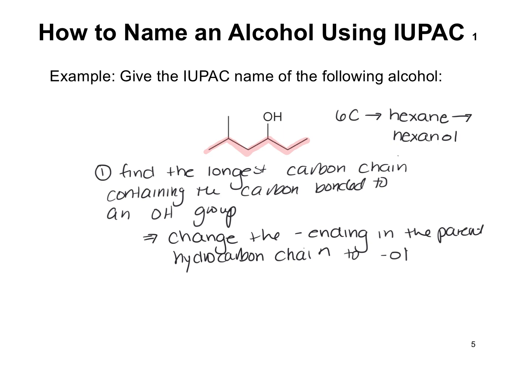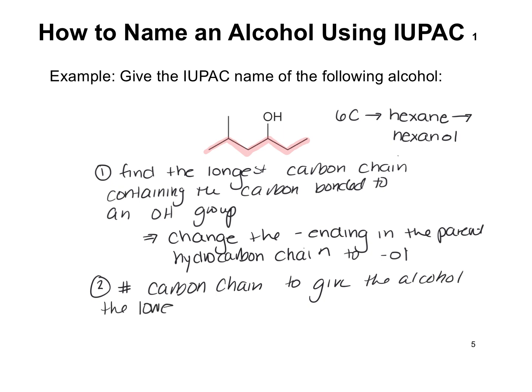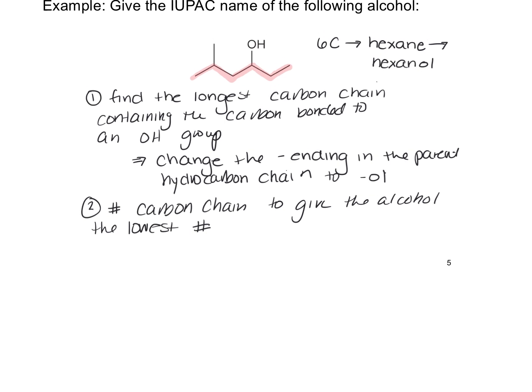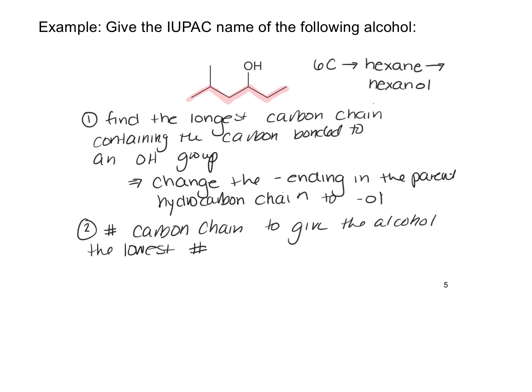Then the next thing we need to do is number the carbon chain to give the alcohol the lowest number. The reason we give the alcohol the lowest number here is because it is the functional group.